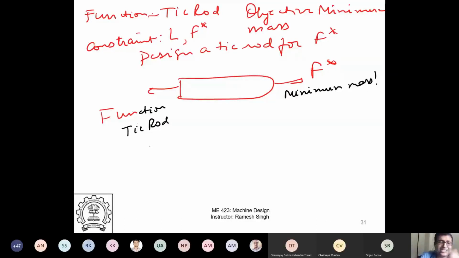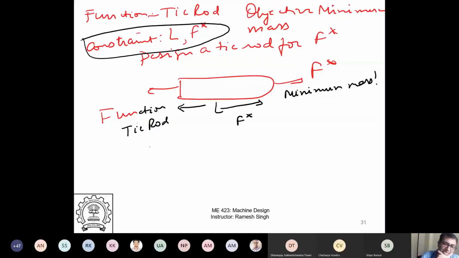This is an aerospace grade tie rod, where weight is the primary concern. So I have to minimize the mass. The constraint on the design is that I have to have a length. This length is required by design, and it is supposed to take F star. So these are constraints, right? And design objective. Any optimization problem has something called an objective function.